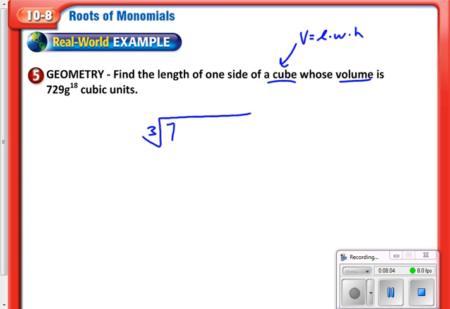So we have 729 g to the 18th power in the cube root. We'll break everything down. In this problem, I know 729 is divisible by 9. And if you don't see that, that is not a big deal. You can test out 3.